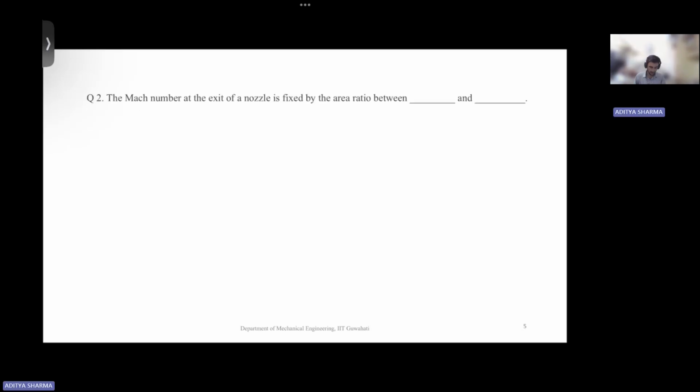The next question is, by mistake, two options here are the same.